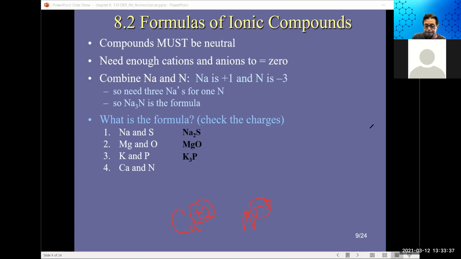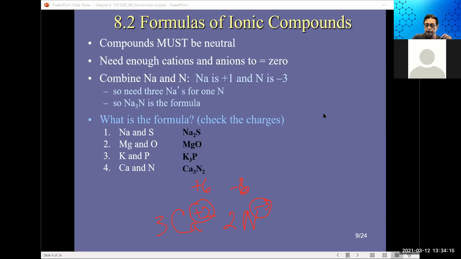So I need 3 calcium ions and 2 nitrides, because with the 6, I end up with a total of a +6 charge for the calcium and a total of a -6 charge for the nitrides. And so that 3 in front of the calcium becomes the subscript.